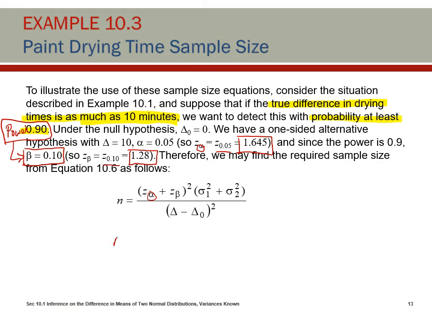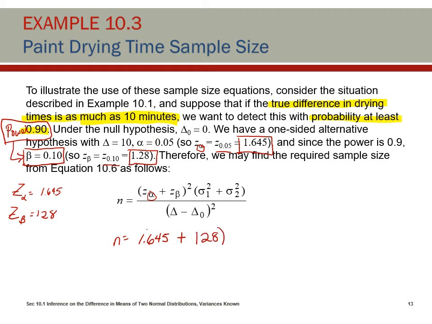So n is equal z of alpha. Z of 0.05 is 1.645 plus z of beta. So we got two things, z of alpha and z of beta, and we wrote those down up here above, 1.645 and 1.28. And that's what we're plugging into this equation.